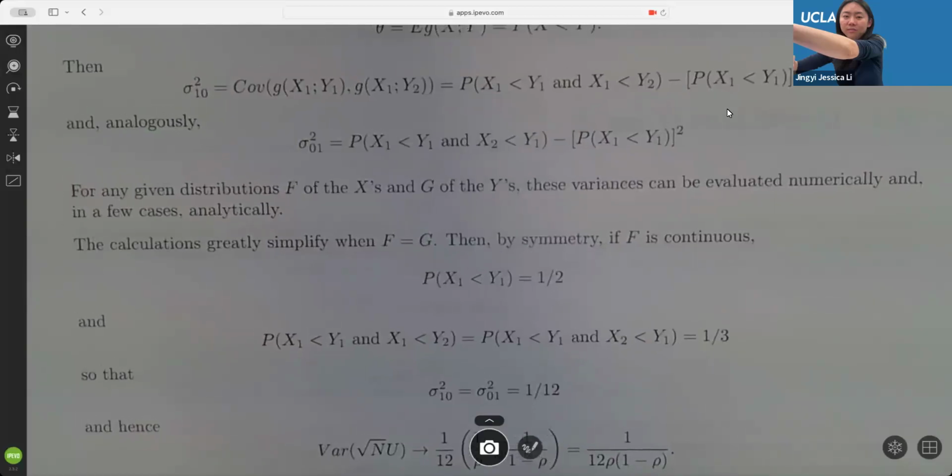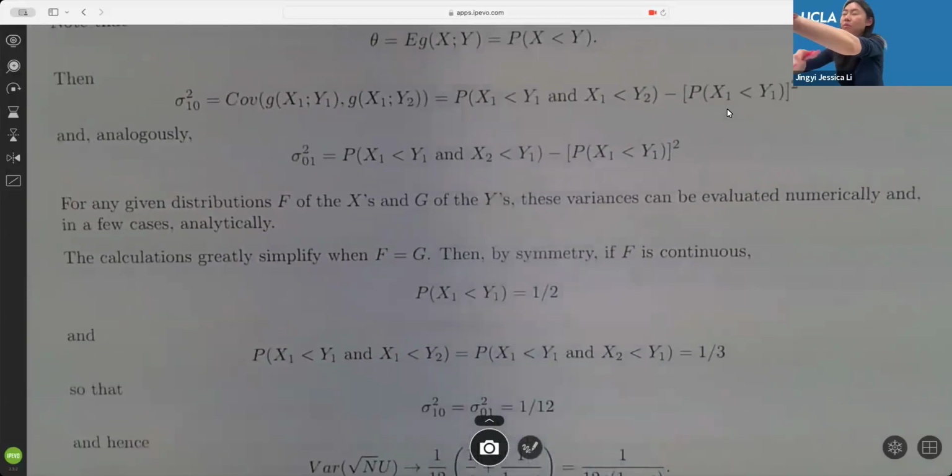And n is the sample size. And the most important thing is that the asymptotic variance is only dominated by the Hoeffding projection to the first argument, g1. That's how you get the asymptotic variance, because other terms are negligible.